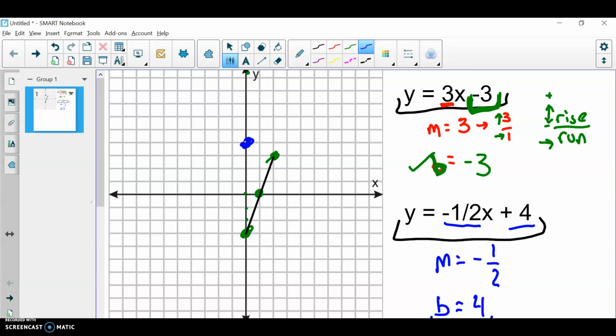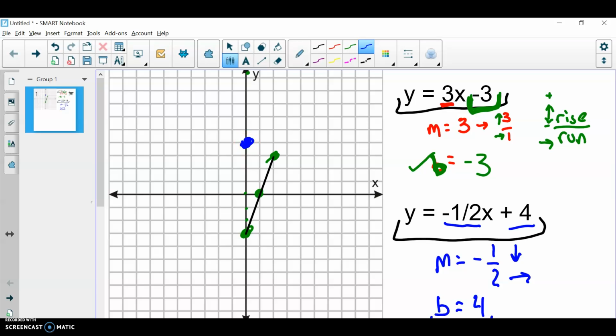And then we look at the slope. Notice here that it's negative. Negative means down, and we'll always go to the right. So that negative tells us down, and the top number tells us how many times.